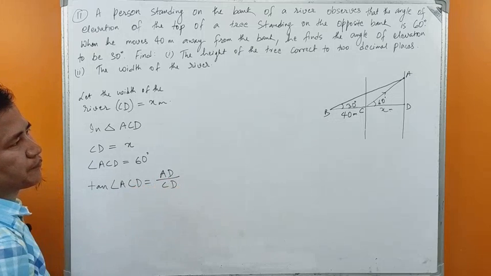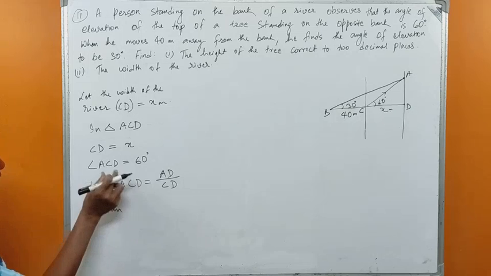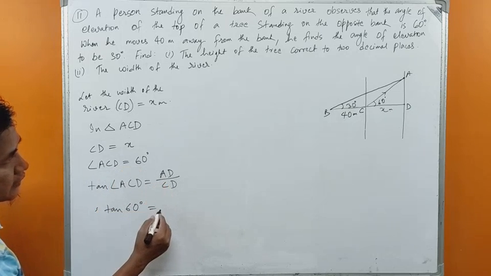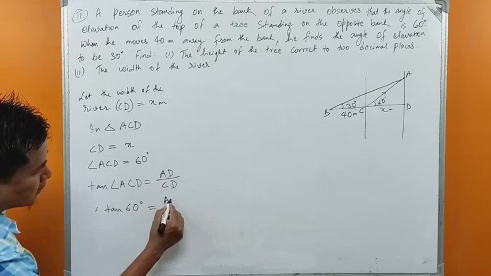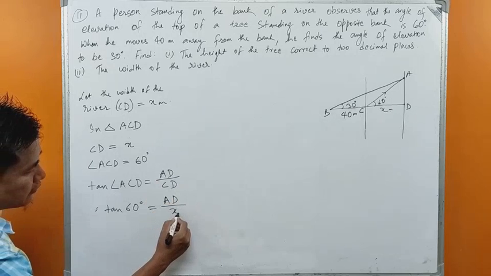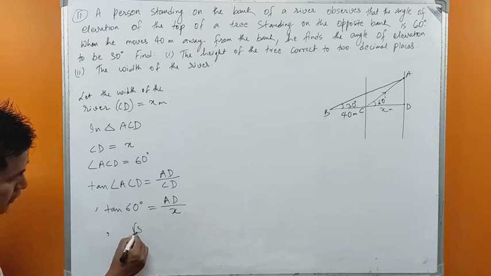So tan 60 degrees equals AD by CD. AD is the height of the coconut tree, unknown to us, and CD we have assumed as x. Tan 60 means root 3, isn't it?